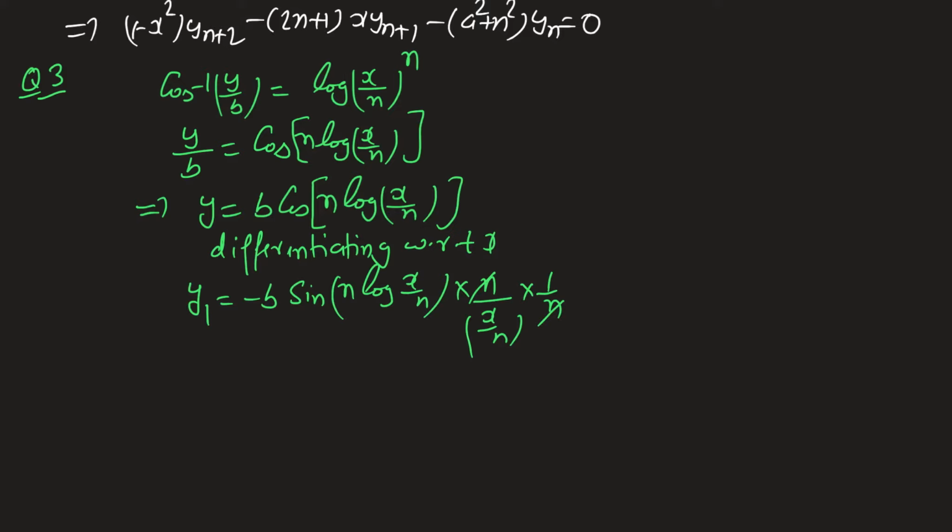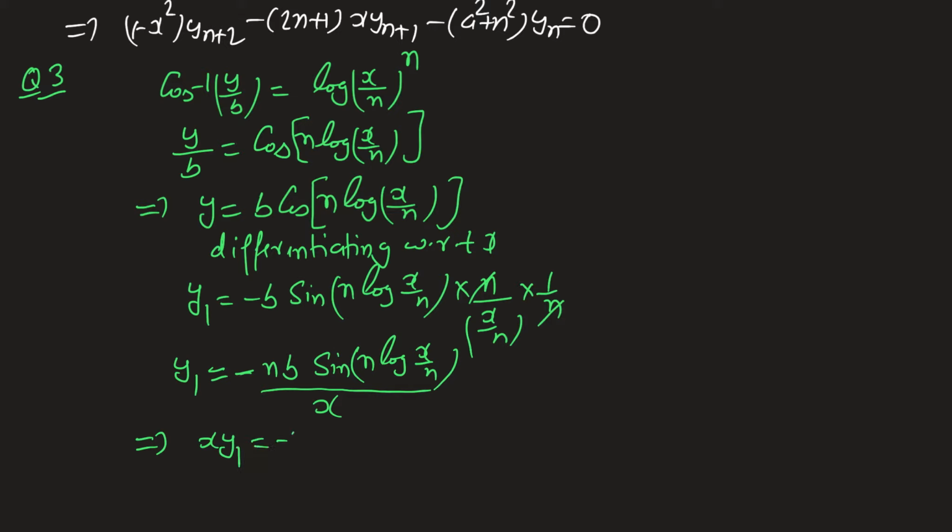So this will cancel out, and this will be minus n b sin (n log (x by n)) divided by x, equal to y1. This implies that x y1 is equal to minus n b sin (n log (x by n)).